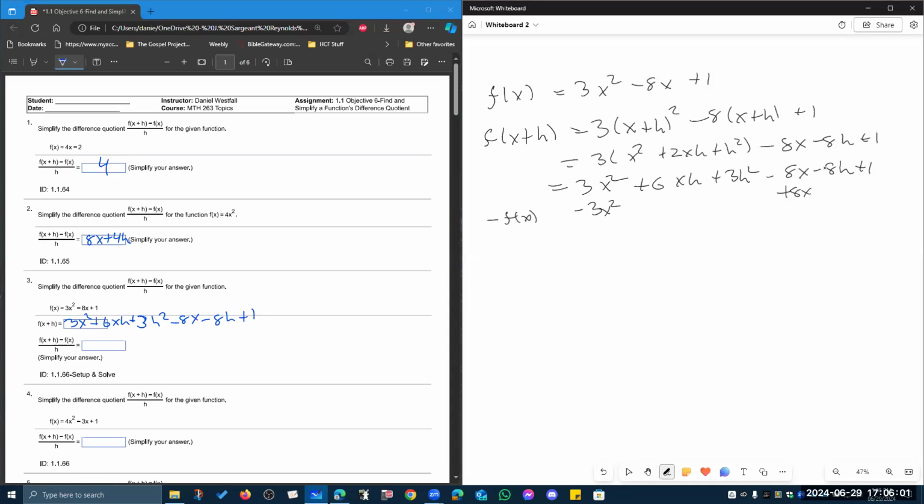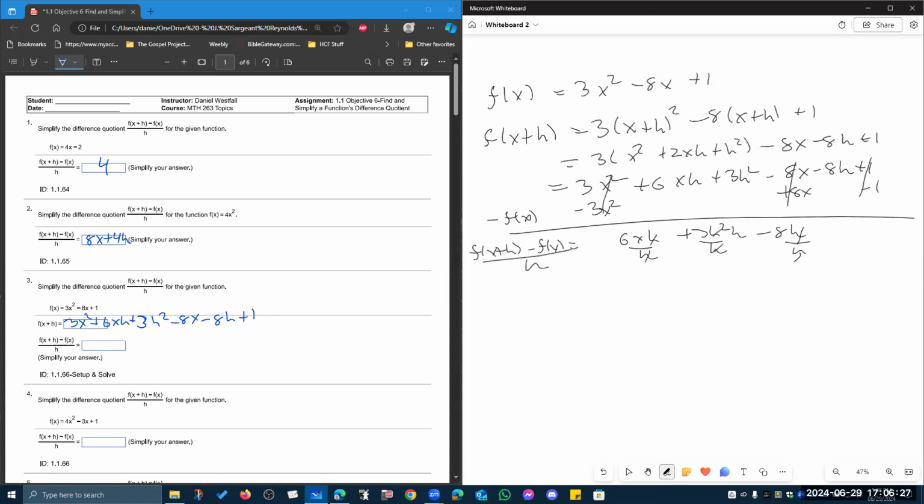line them up with their like terms. You get f of x plus h minus f of x is going to be 6xh plus 3h squared minus 8h. And then when we divide by h, just divide everything by h. Works just as well as factoring.